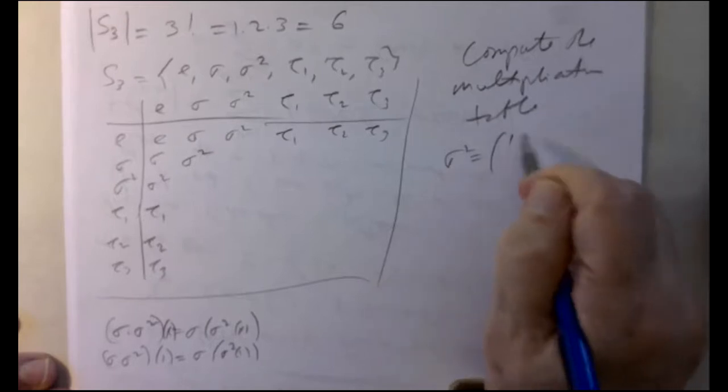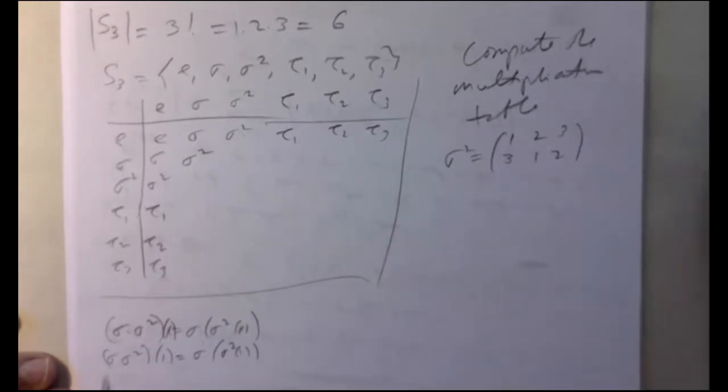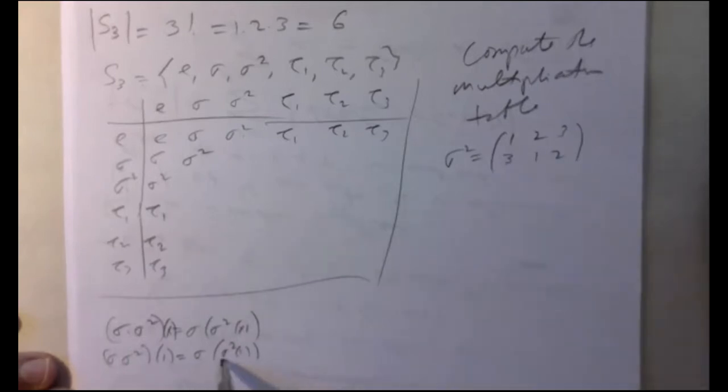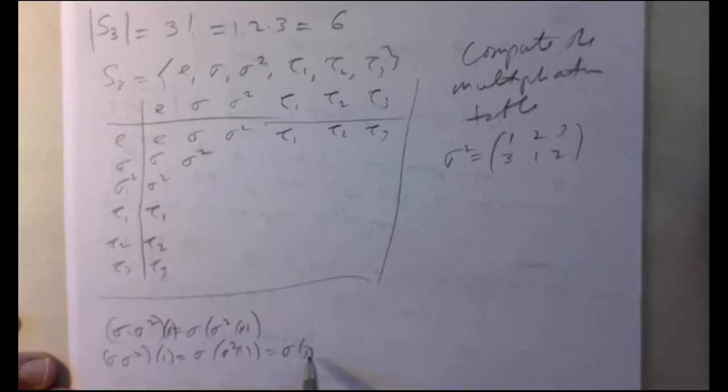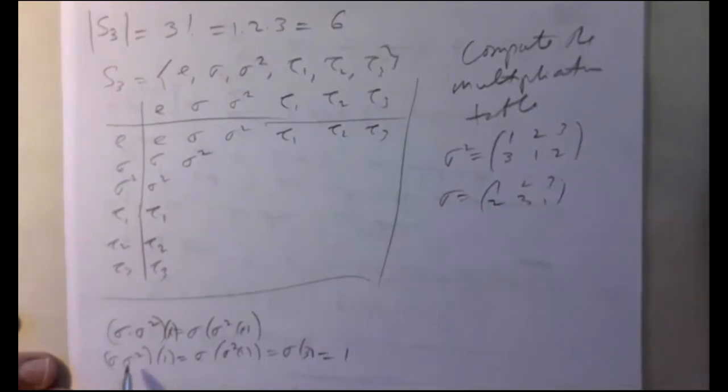Sigma squared of 1 is 3, so this is sigma of 3. Sigma of 3 is 1, so this is 1. So sigma times sigma squared is 1.